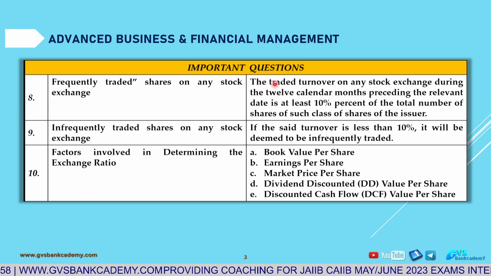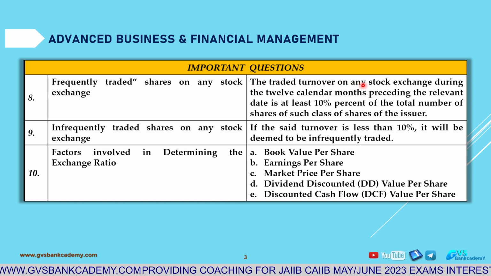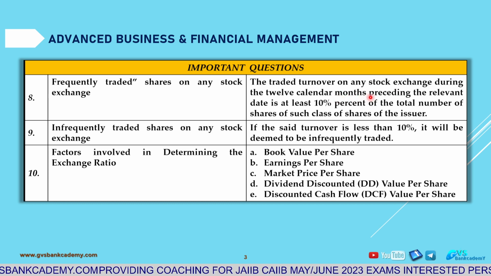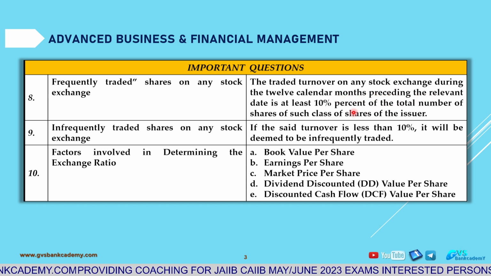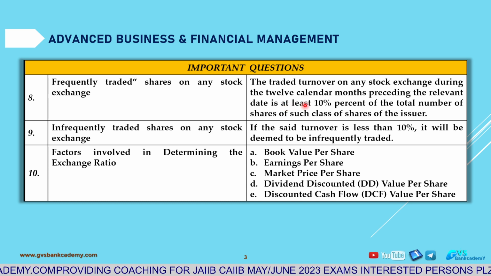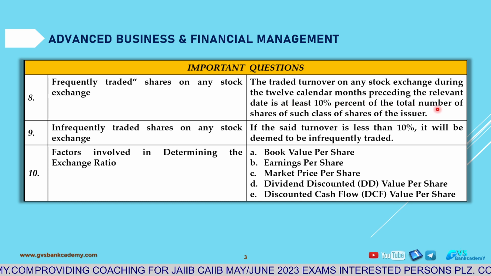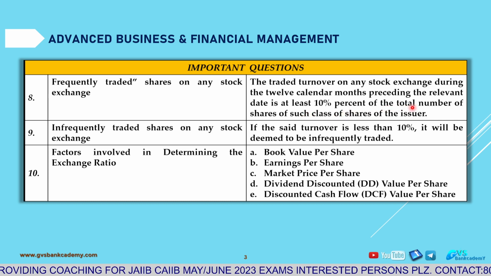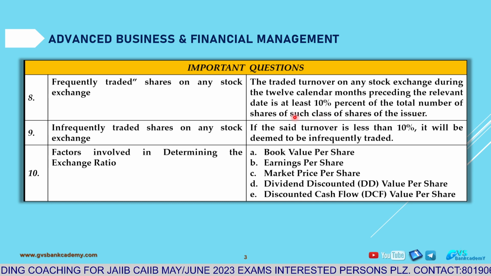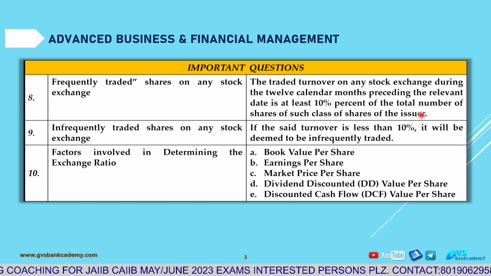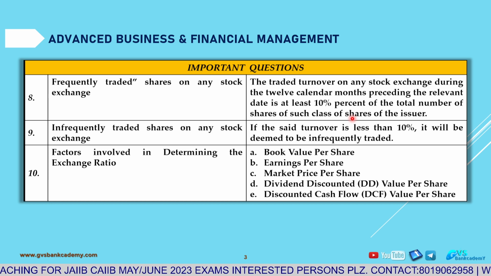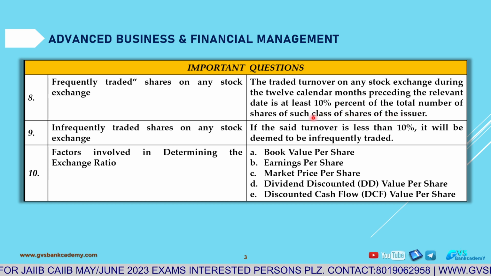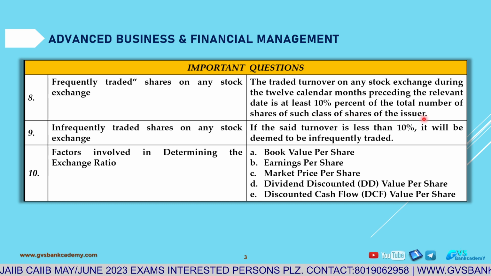So it means the traded turnover on any stock exchange during the 12 calendar months preceding the relevant period is at least 10% of the total number of shares of such class of shares of the issuing company. Suppose total issued shares outstanding is 10,000 shares, for example.